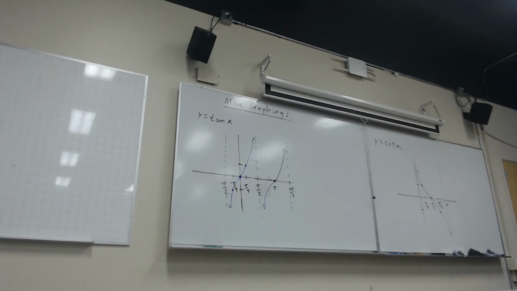If you take tangent and shift it pi over 2, it doesn't matter which direction, and then you just flip it over your x-axis, you got cotangent.